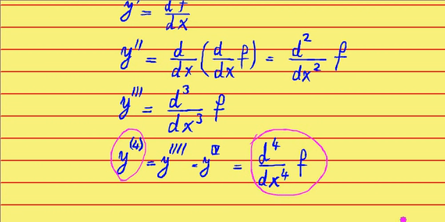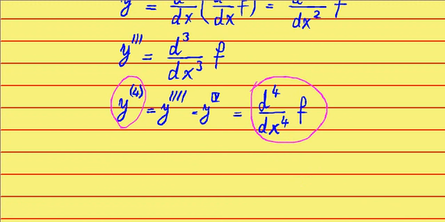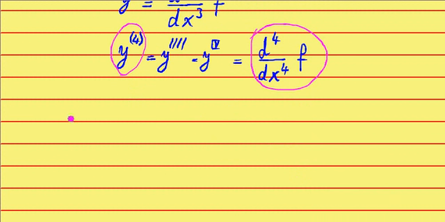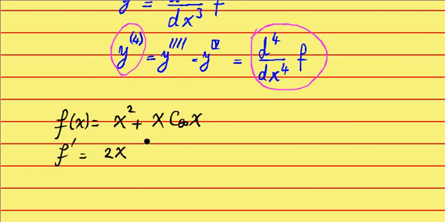Next, we want to go ahead and just practice some simple examples. Suppose I have f of x is equal to x squared plus, say, x cosine of x. What is f prime? I have to differentiate this as usual, 2x. Differentiate this one: derivative of first times second is cosine of x, derivative of second times first, minus x sine of x.